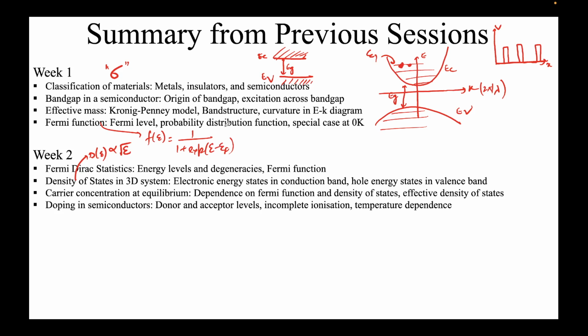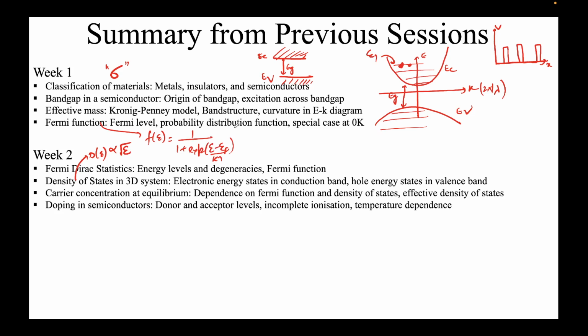If you go above Fermi level, then your probability decreases below half, and at absolute zero temperature, this term will increase, and above EF you see a perfect rectangle, as we had seen.